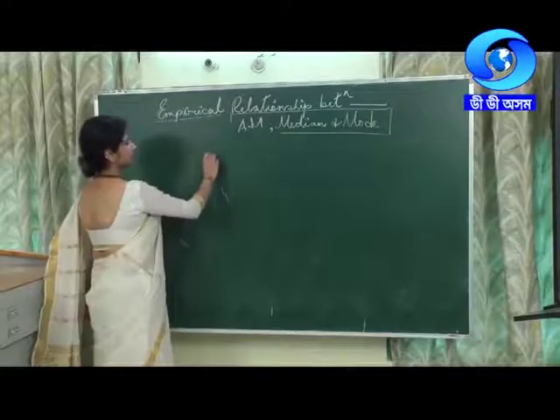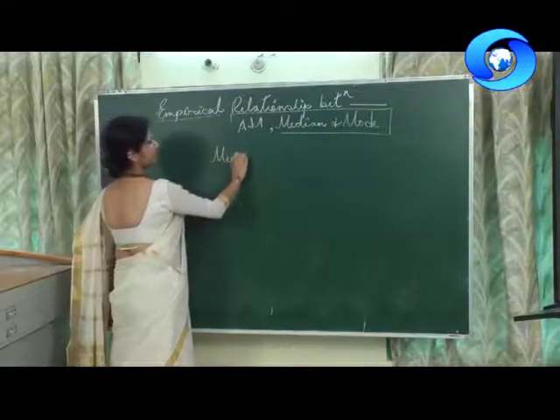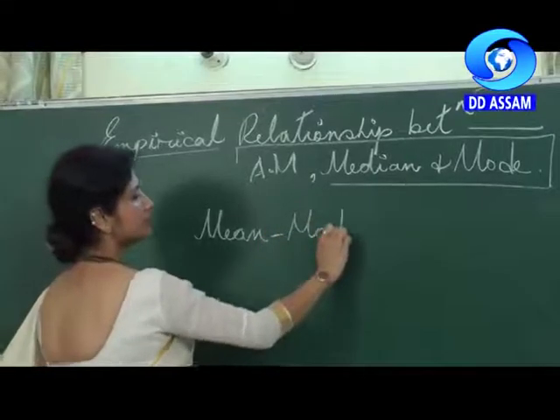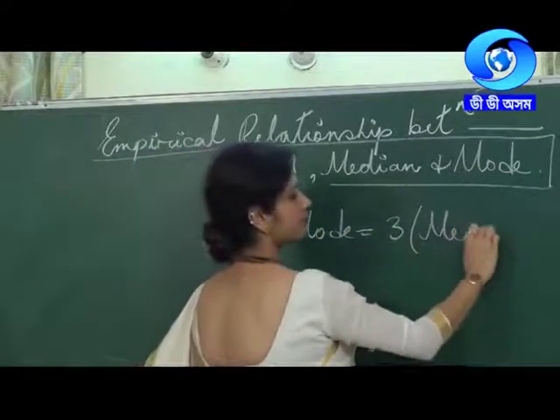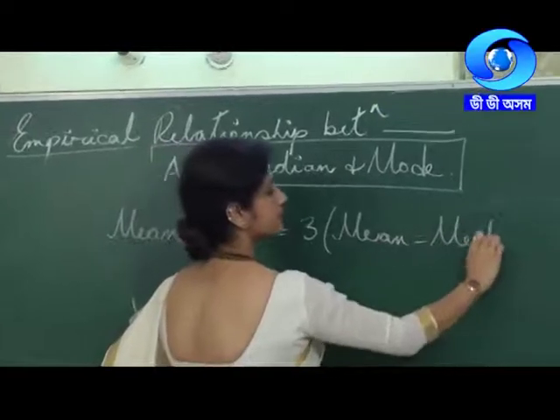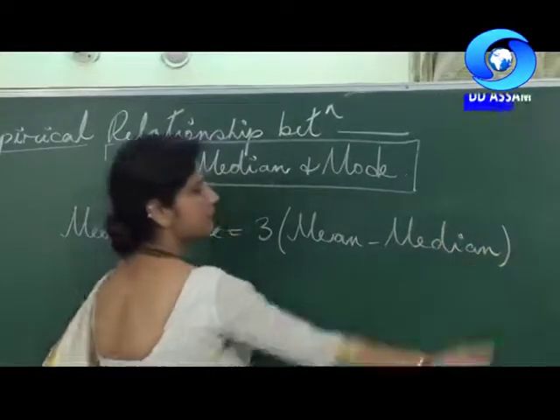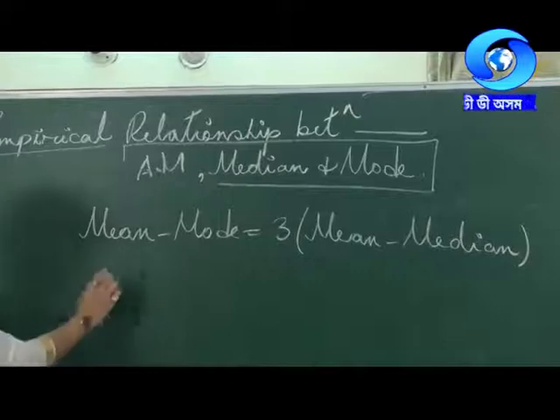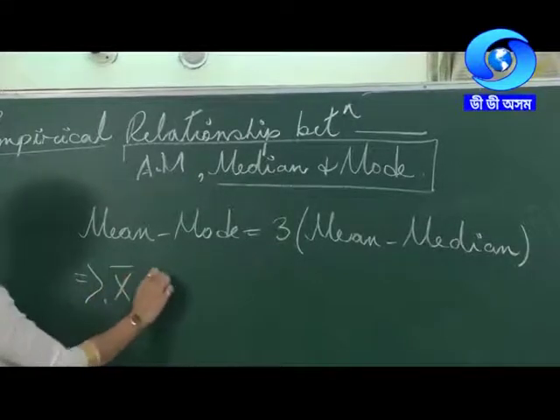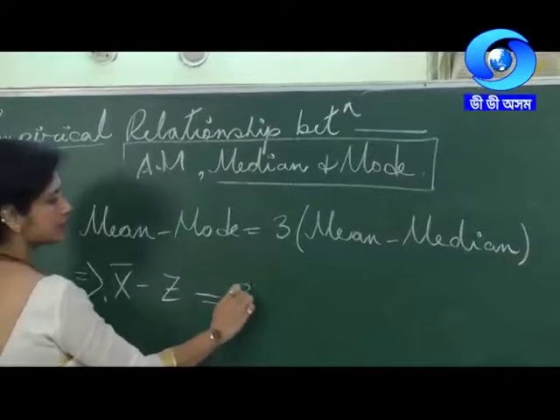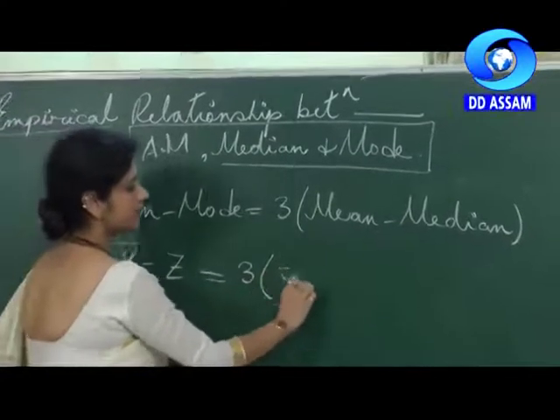And what is it? Mean minus mode is equal to thrice mean minus median. Symbolically, you can write it as x bar minus z is equal to thrice x bar minus median.